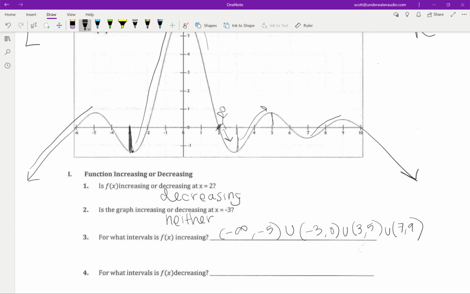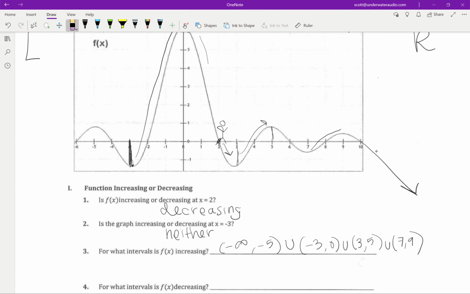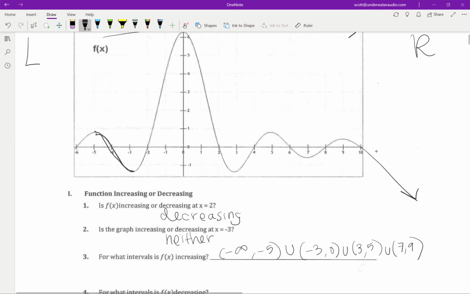So for number 4, for what intervals is f of x decreasing? All right, let's erase what I've got just to make it a little bit easier. Again, if you're moving left to right, it's decreasing from about negative 5 to negative 3. And then from here all the way to there, and there to there, and there onward.